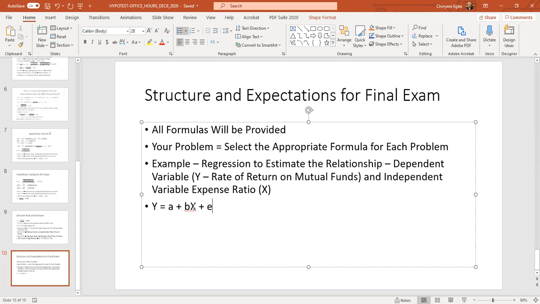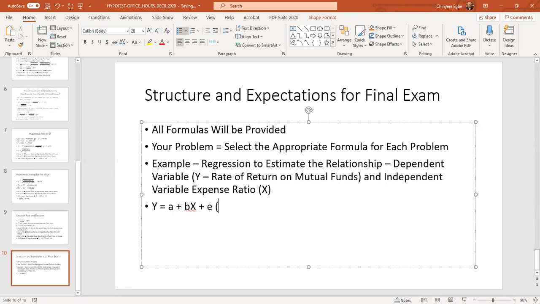So the question here is whether funds that have higher expense ratios also yield higher rates of return, or whether funds that have lower expense ratios yield higher rates of return. So whether there's an inverse or a direct relationship. And so we look at, say, a minimum rate of return, which is A, when there's no expense ratio, and then B is the slope.